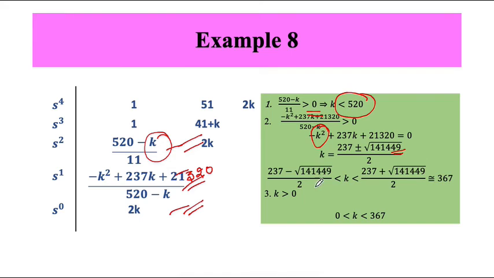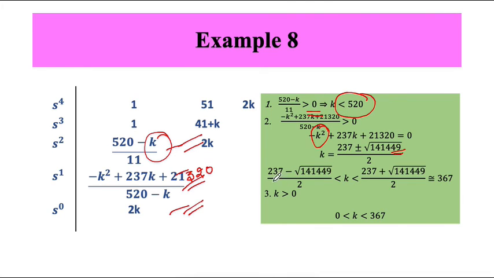The limit of K will be in between these two roots. So we consider the quadratic equation: minus K square plus 237K plus 320 is equal to 0.